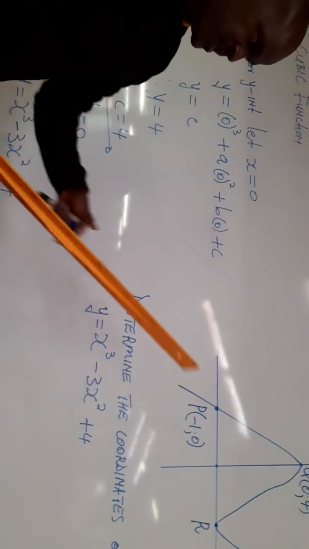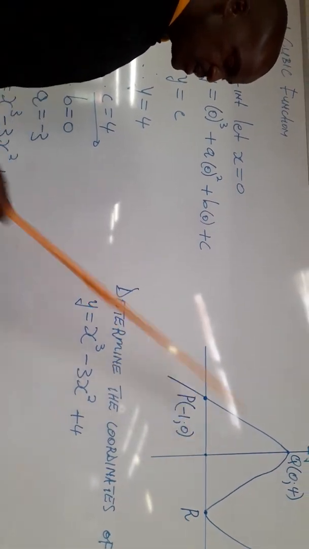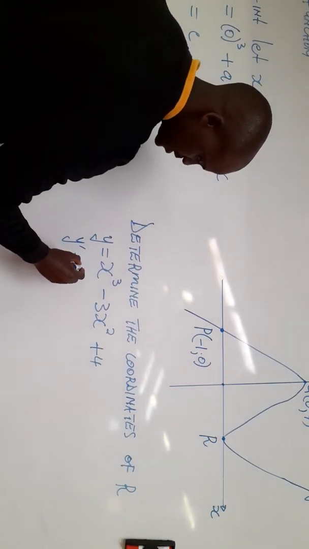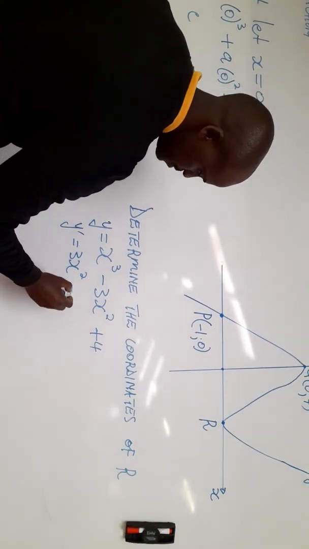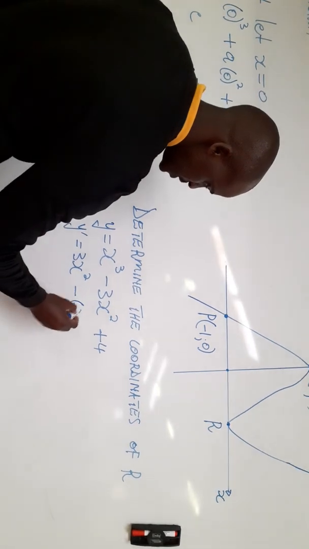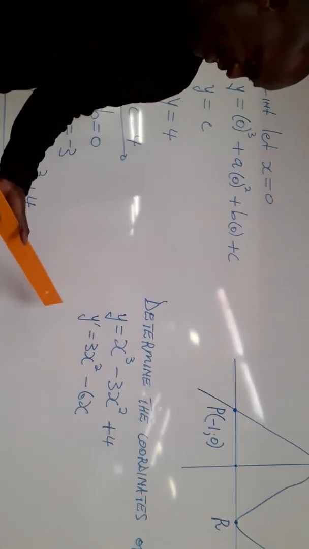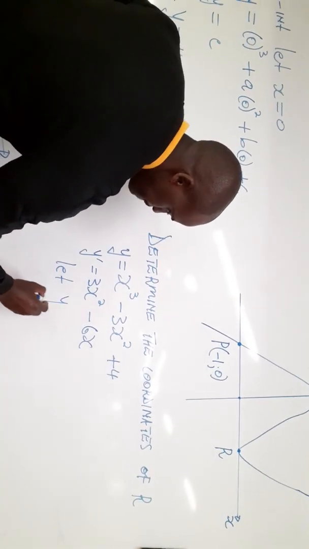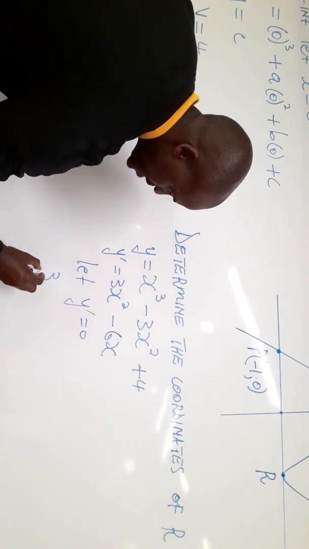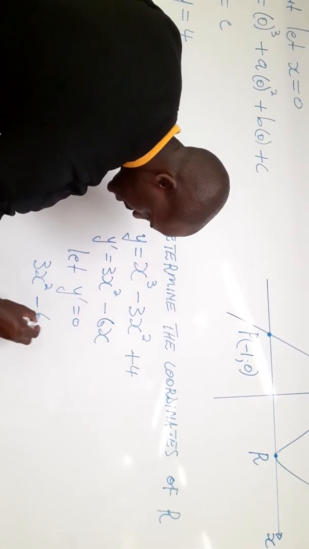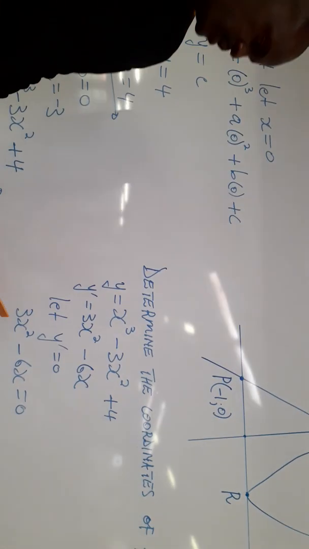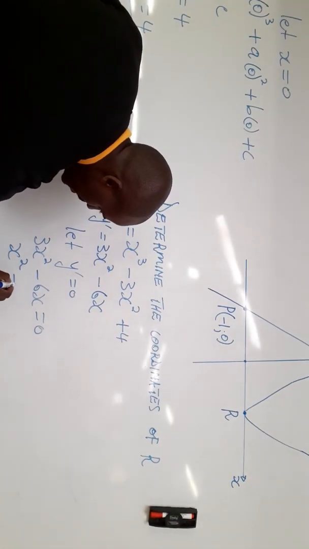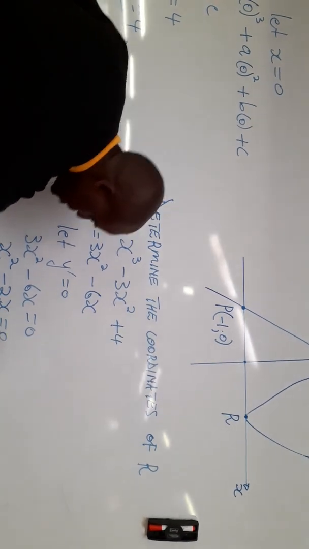Let's find the coordinates of this point. The x coordinate we are going to derive. This will be 3x squared minus 2 times 3 is 6x. This is the gradient at that point. Therefore, we equate the gradient to 0. 3x squared minus 6x equals 0. Let's divide by 3: x squared minus 2x equals 0.